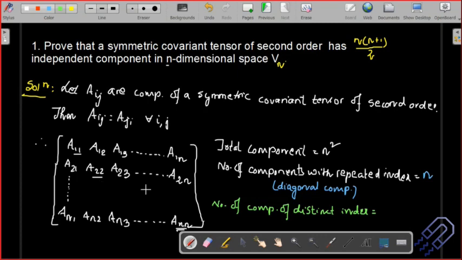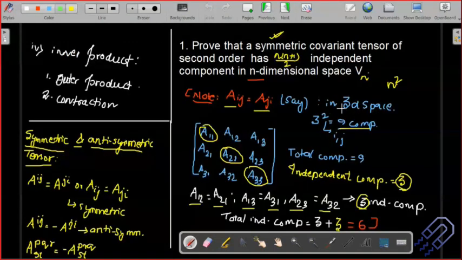So if we go into the previous section, you have total components 9, independent components with repeated index is 3. So the number of distinct components would be the total, which is 9, minus independent components with repeated index, that is 3. So that is equal to 6. That is how you find out the components which are distinct, right?